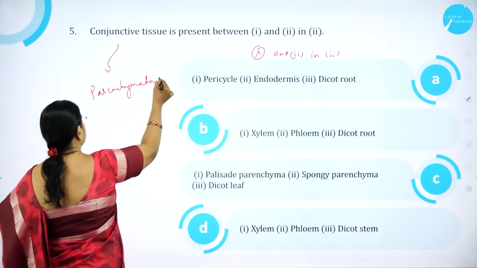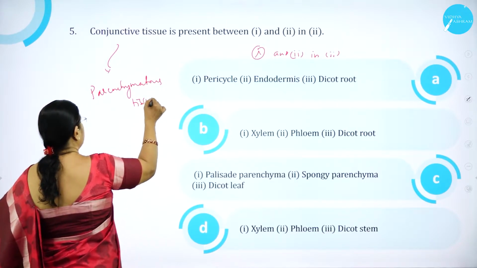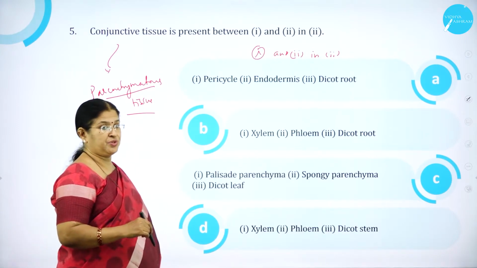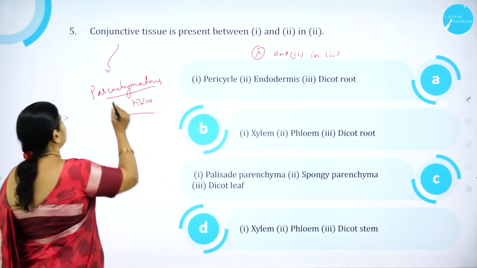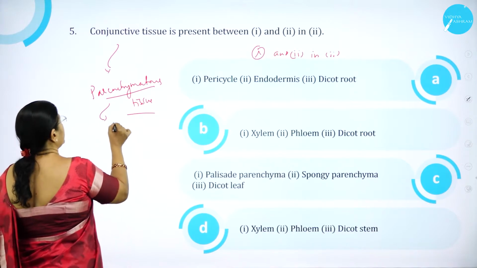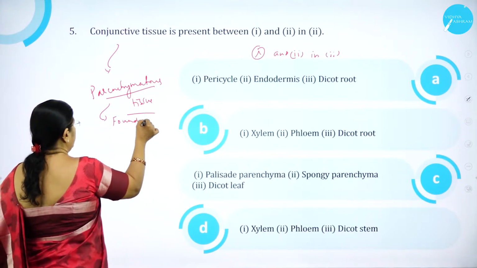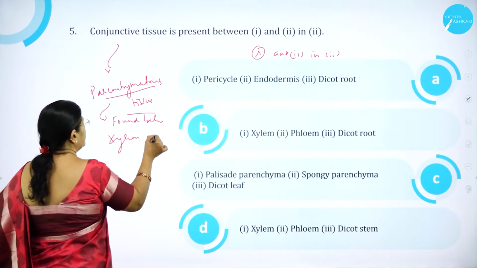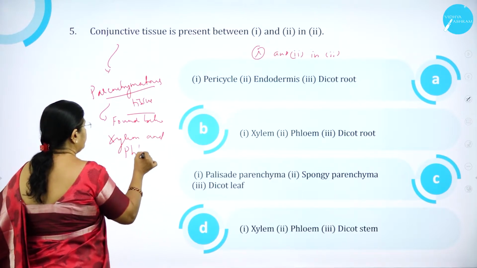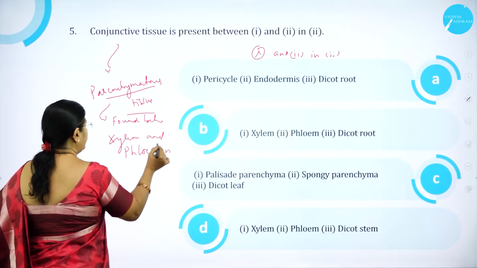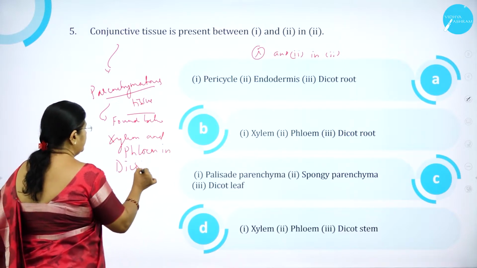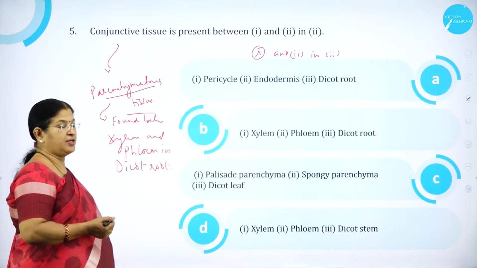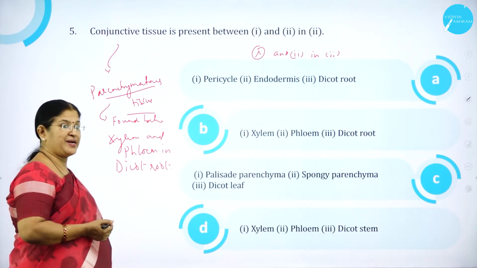Conjunctive tissue is otherwise called parenchymatous tissue. Usually this parenchymatous or conjunctive tissue is found between xylem and phloem in dicot root. You can also call it a group of parenchymatous cells.